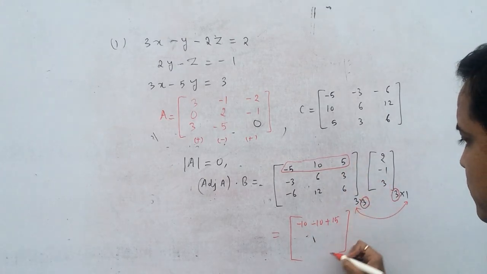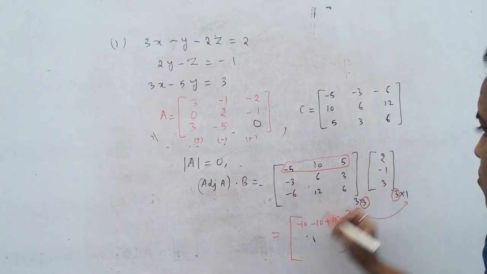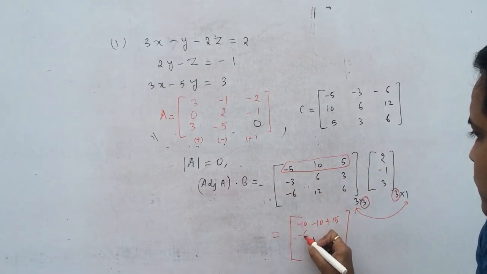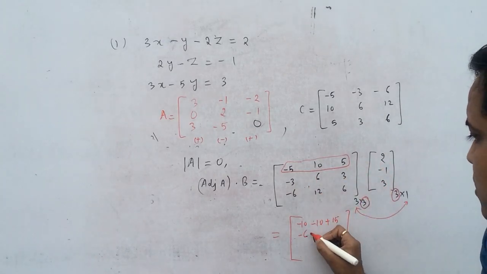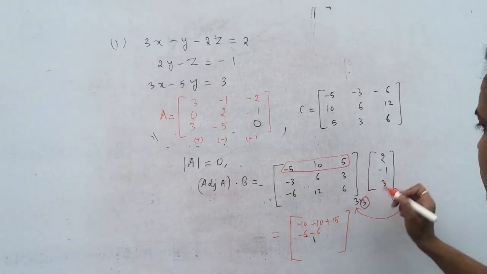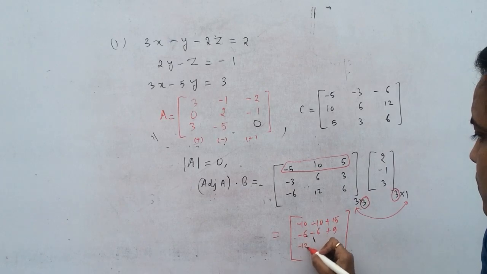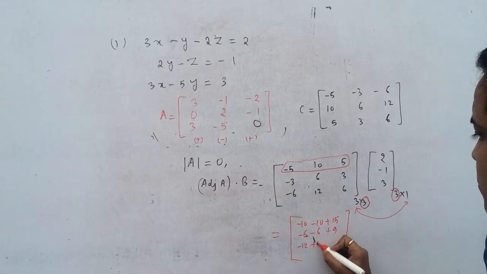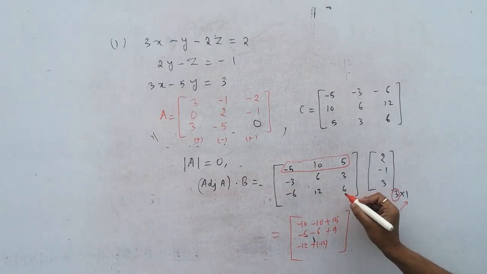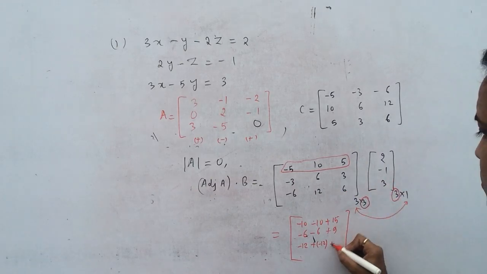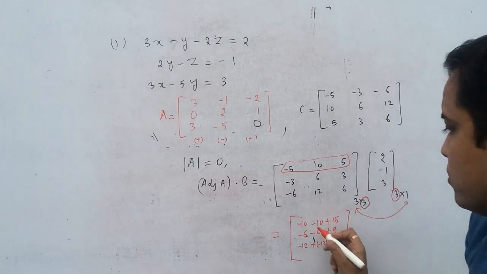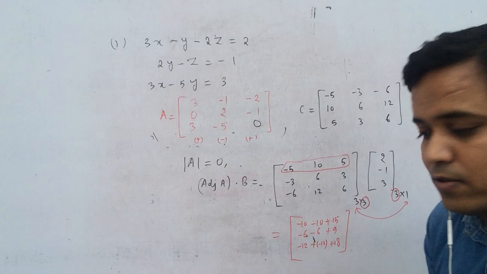Again minus 3 into 2 is minus 6, plus 6 into minus 1 is minus 6, again 3 into 3 is 9. Minus 6 into 2 is minus 12, plus 12 into minus 1 is minus 12, and 6 into 3 is 18. So it is minus 20 plus 15, minus 5.